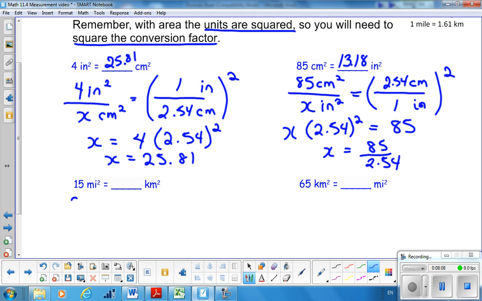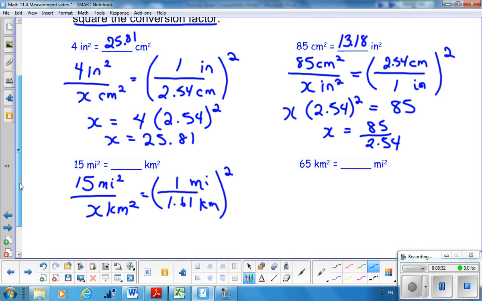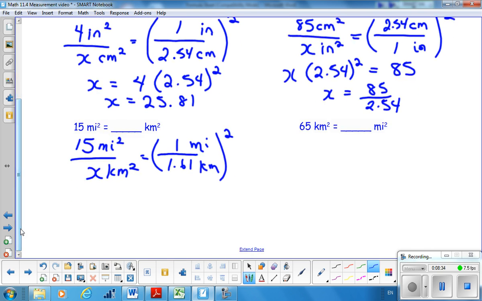Our next conversion factor is 15 square miles. And we want to figure out how many square kilometers this is. The conversion factor for miles to kilometers is that 1 mile is 1.61 kilometers, but because we're dealing with area, we need to square those units.